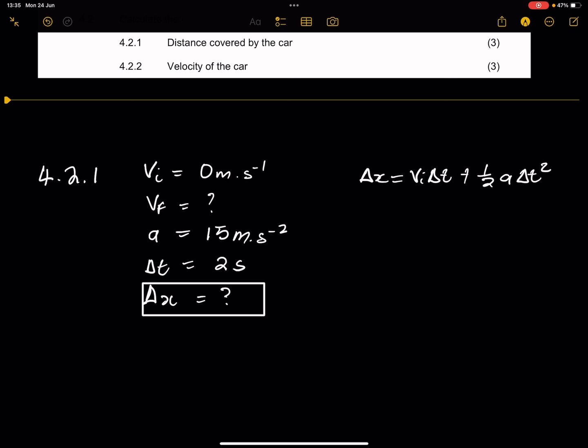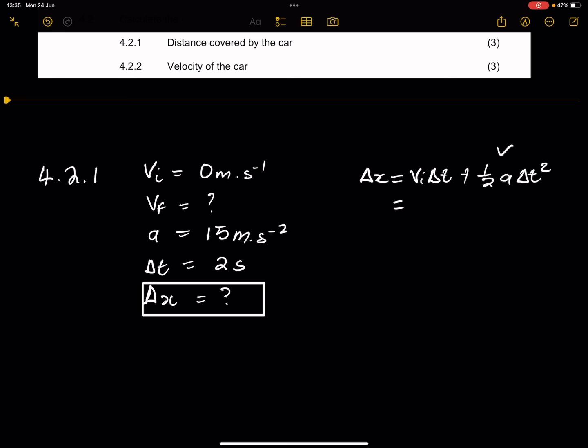This one doesn't require a final velocity, so I'm going to use that because I'm looking for the displacement. Now let's substitute. I've written down the equation, that's the correct equation. And now I am going to substitute before I make the subject of the formula. In this case, I wouldn't really have to. It's already the subject of the formula.